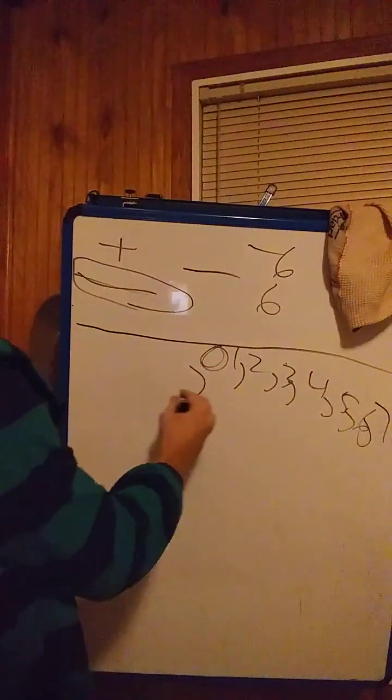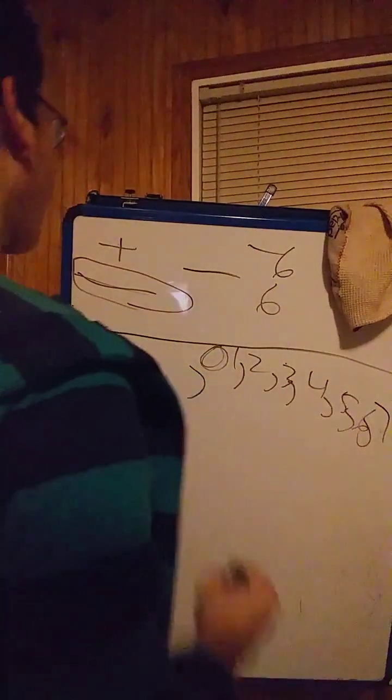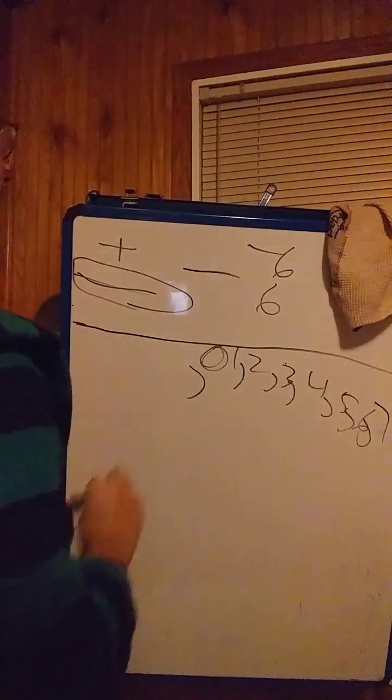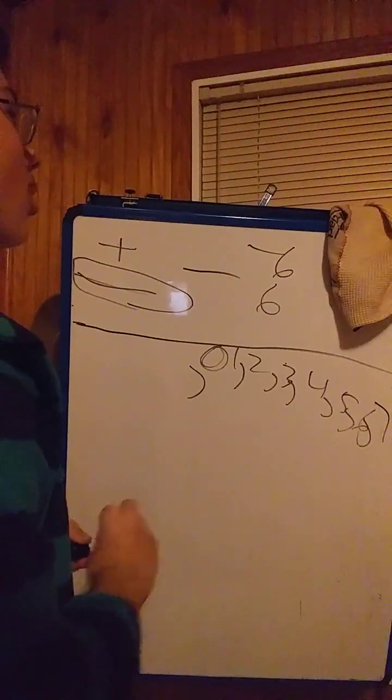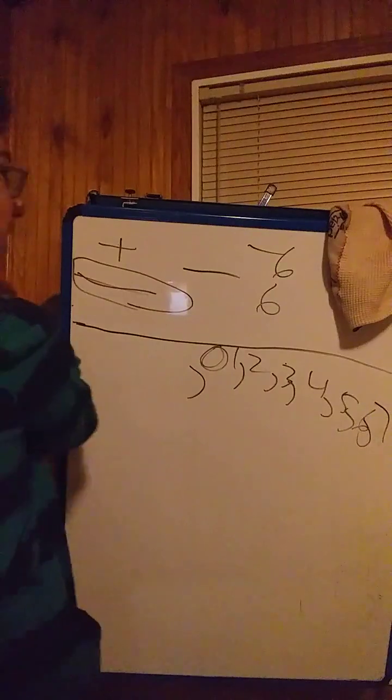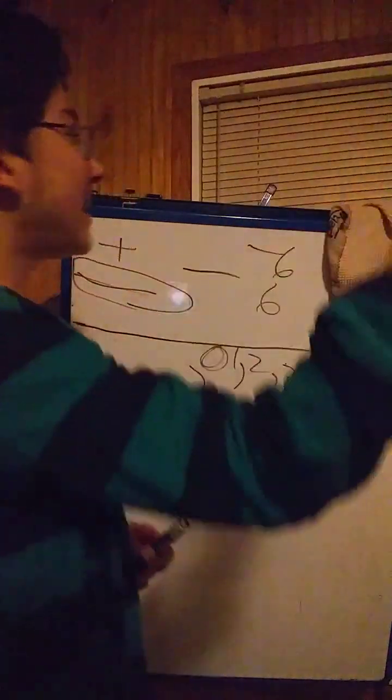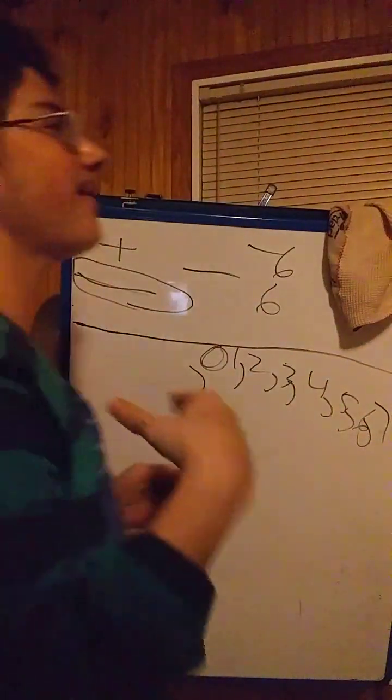So that's what would go here, and you see that it's a little sloppy. Then, what do we do here? Well, on the left are the negative numbers. As you go further to the left, it gets smaller. It decreases in value.